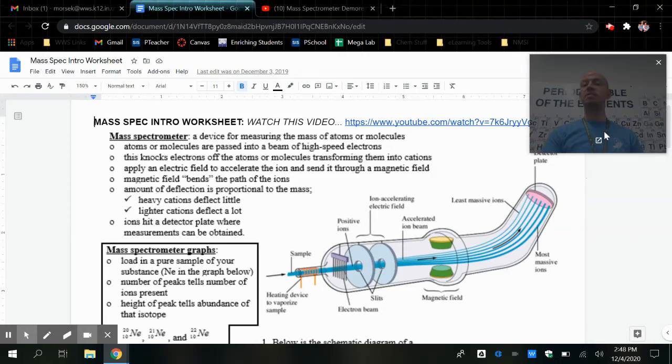So by sending it through this magnetic field, we separate our sample into all of the different ions, or excuse me, all of those different isotopes, which can then tell me what versions of our atom, how many neutrons, or what the mass is of those.